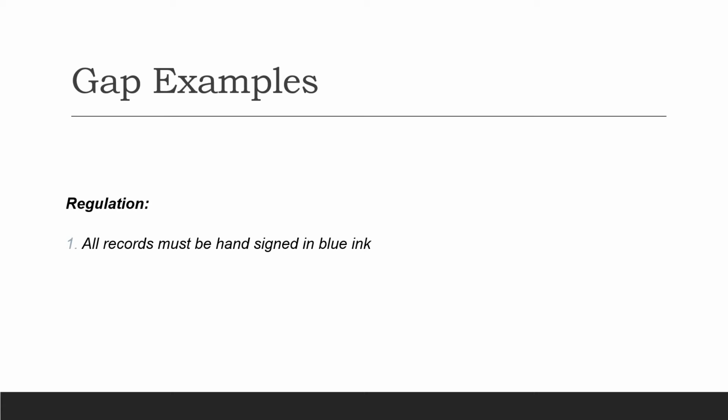By regulation, I mean regulation, standard, laws, codes, just accepted good practice, something that's a regulatory constant that you're going to compare your documents against. And for our purposes today, we're going to pretend our fake regulation, Section 1, states that all records must be hand-signed in blue ink.